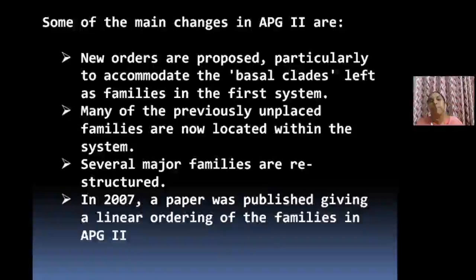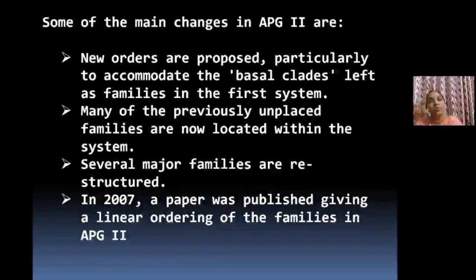Many of the unplaced families are now located in the system. In the first APG1, we already said there are some unplaced families, there is uncertainty, but here that is rectified and included in this system. Then some families are restructured, rearranged.